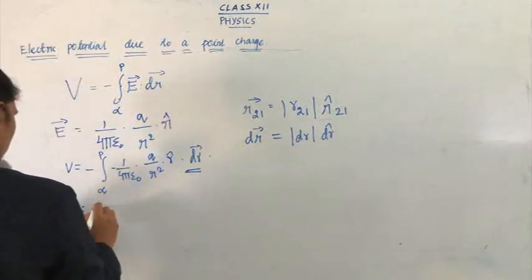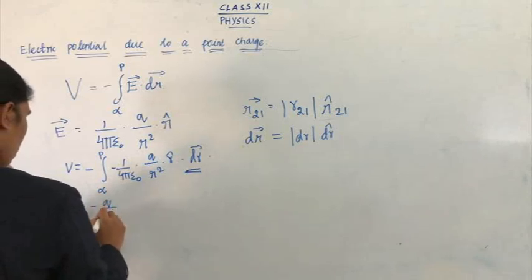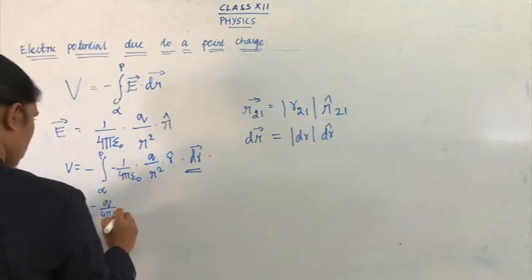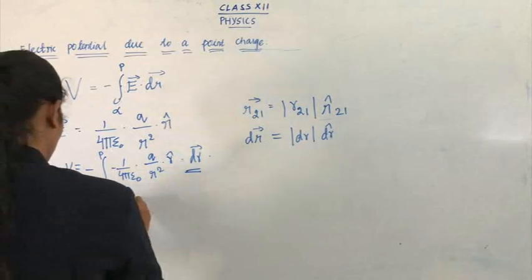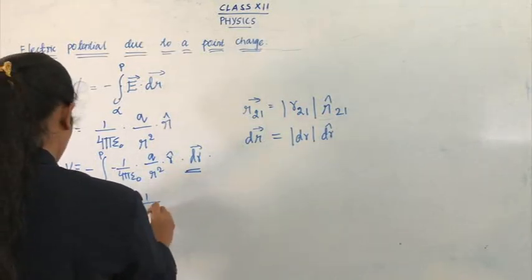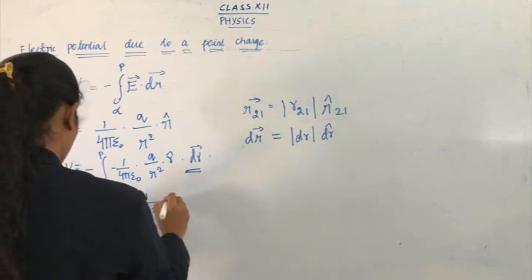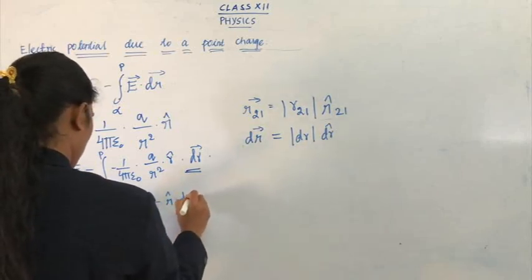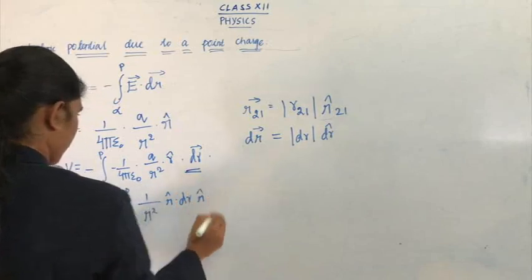Now this Q comes outside, constant values come outside: minus Q by 4 pi epsilon 0, integration infinity to P, 1 by R square, R cap, dr R cap.